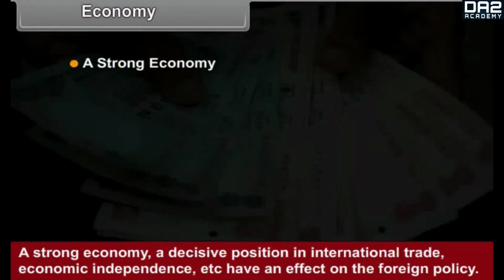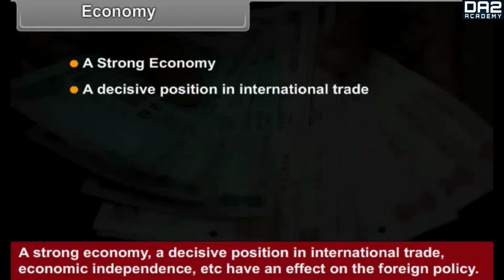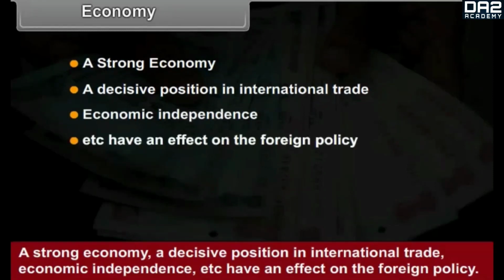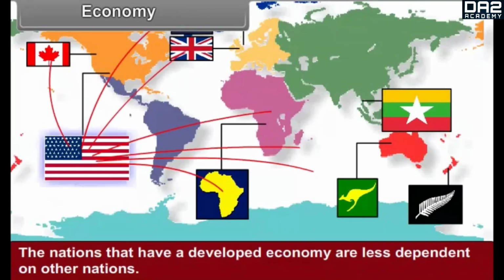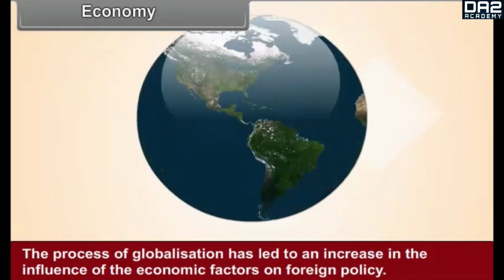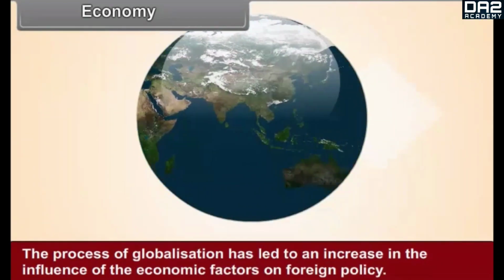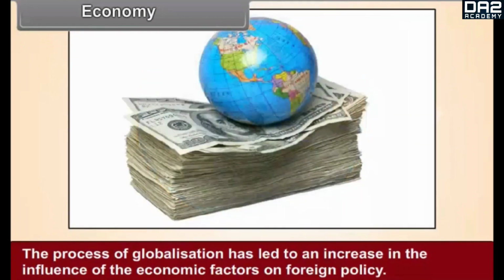A strong economy, a decisive position in international trade, economic independence, etc., have an effect on the foreign policy. The nations that have a developed economy are less dependent on other nations. The process of globalization has led to an increase in the influence of the economic factors on foreign policy.